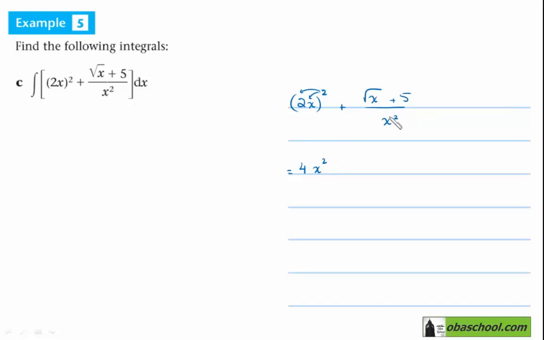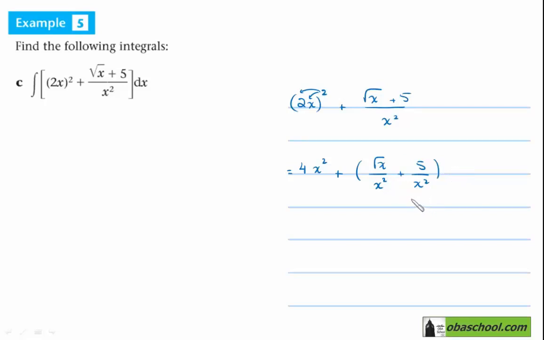Now let's look into the second term, that is (√x + 5) all divided by x². We know this is a fraction having two terms in the numerator and a common denominator. Therefore, using the previous rules that we learned, this is the same as the first term divided by the denominator plus the second term divided by the denominator.